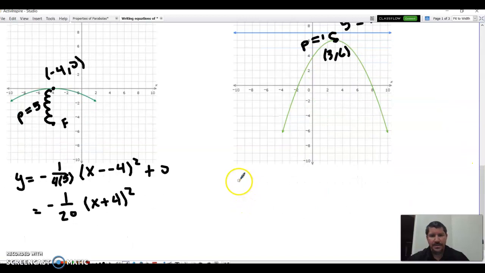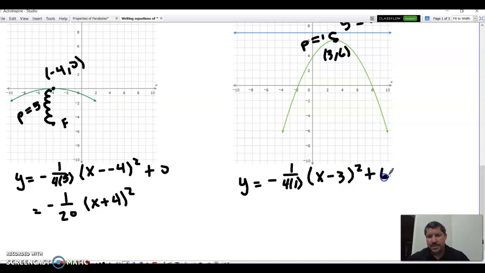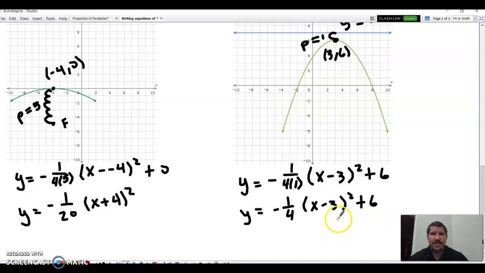Opening up, down again, so this is y equals negative, since we're opening up, down, 1 over 4 times 1 times x minus 3 squared plus 6, or y equals negative 1 over 4. Don't forget, when you type it in, you have to do y equals negative 1 over 4 x minus 3 squared plus 6. Alright, so that's when you have graphs.